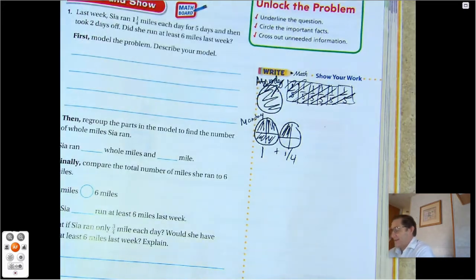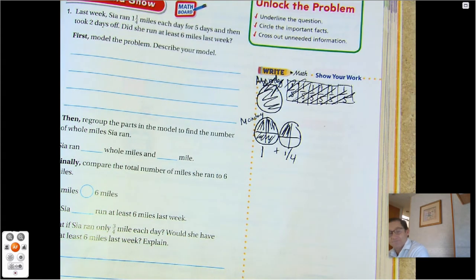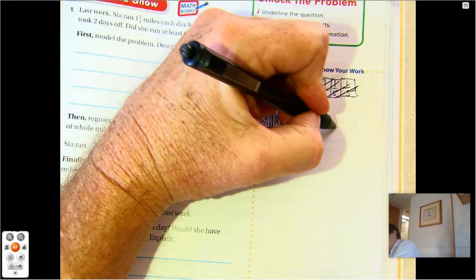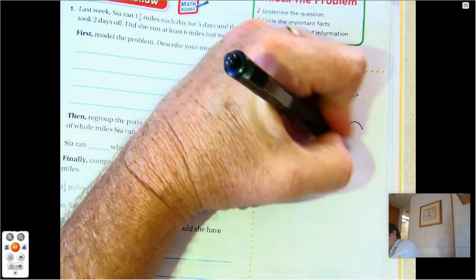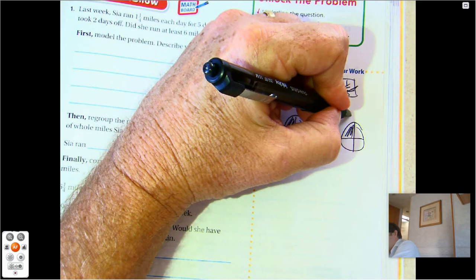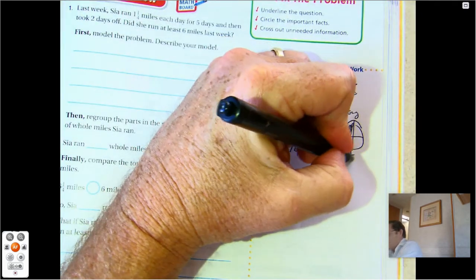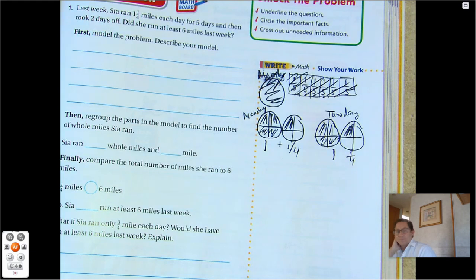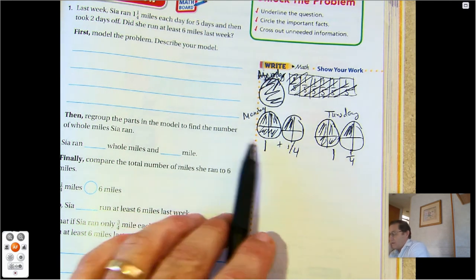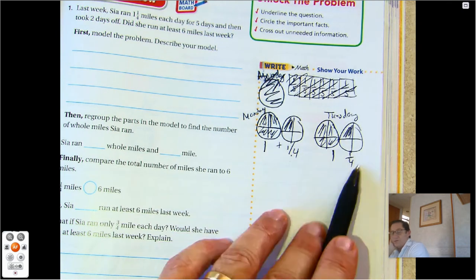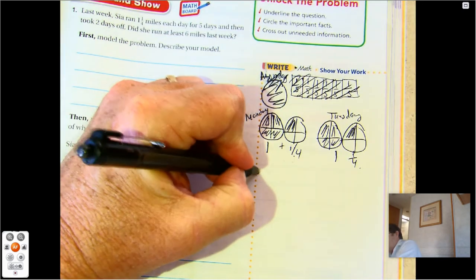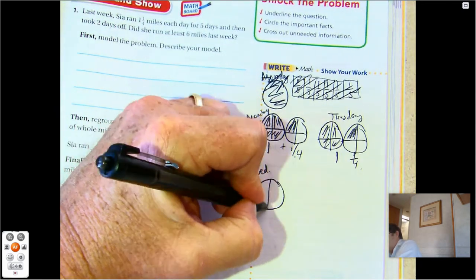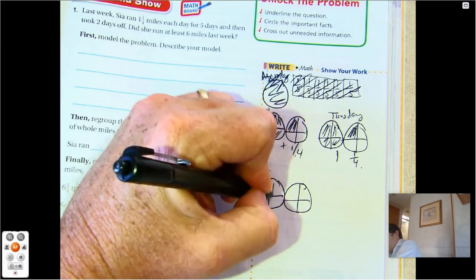She did the same thing for 5 days. All right, so Tuesday, 1 and 1/4. So how much has she ran so far? That's 1, 2, and 2/4, or 2.5. Okay, Wednesday, 1 and 1/4 again.